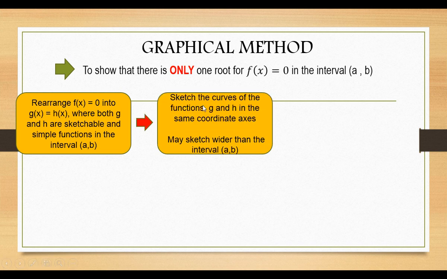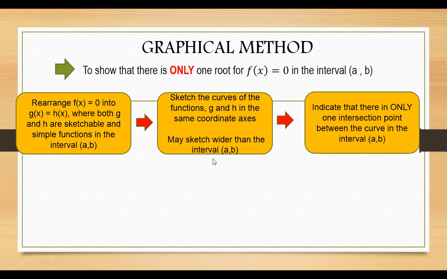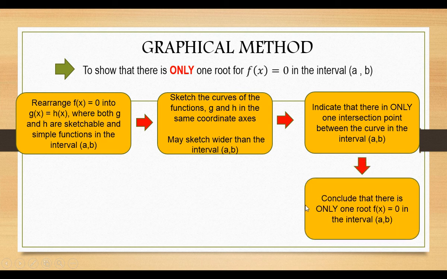Then we sketch the curves of the functions g and h on the same coordinate axes. You may sketch wider than the interval (a, b). We indicate that there is only one intersection point between the curves in the interval (a, b). Then we conclude that there is only one root for f(x) equals 0 in the interval (a, b).